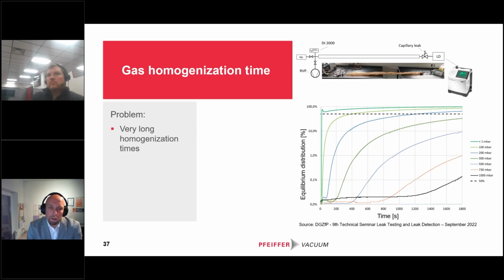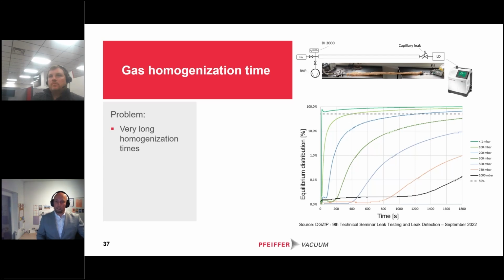What you see here on the y-axis is the equilibrium distribution in percentage, which means the value measured at the leak detector side of the finally resulting equilibrium distribution helium concentration. So it doesn't mean that with 100% we have a 100% helium concentration inside. It means that we have achieved the 100% target distribution percentage. So in our example, it would mean 13% helium concentration is measured on the other side.